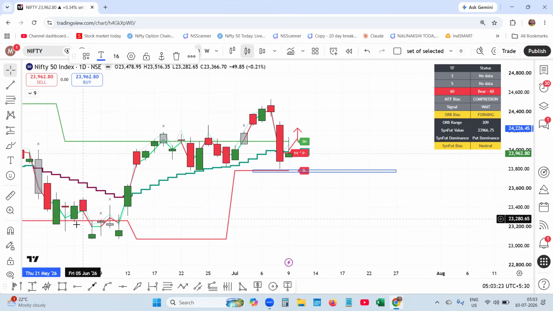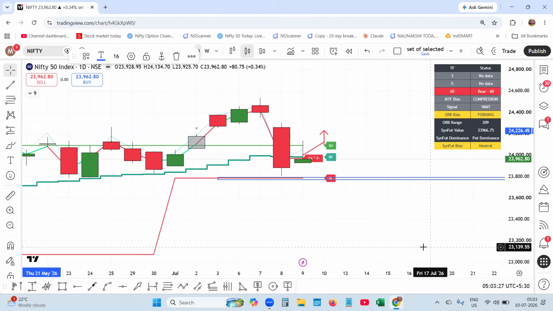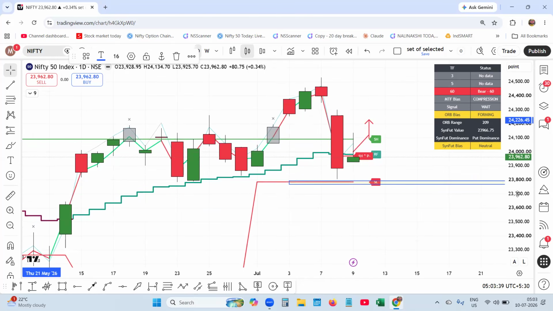So let me zoom it out. If I zoom the thing, you can see over here. So range is 209 points, the range of yesterday's trade. So you need to be careful.